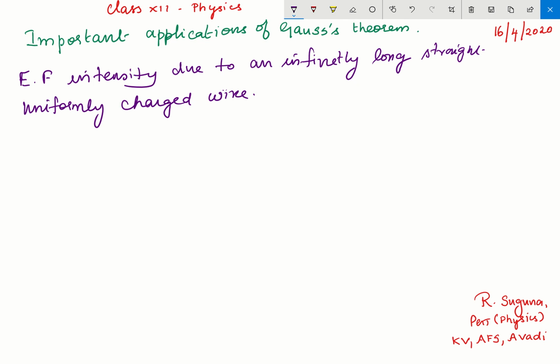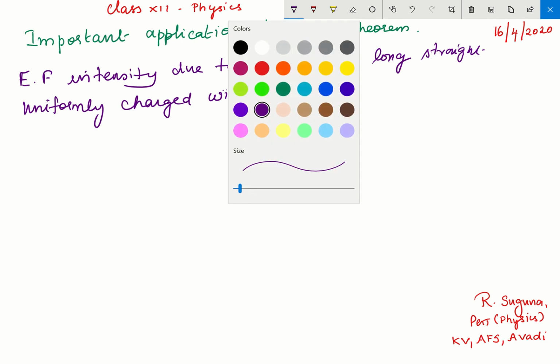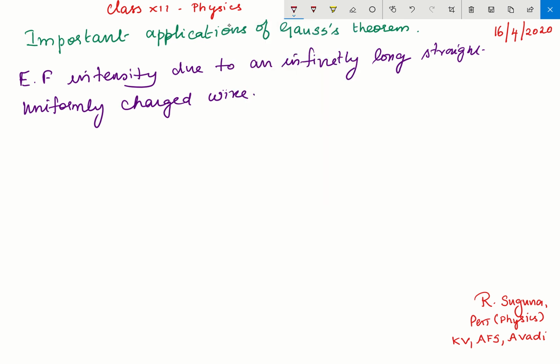So consider an infinitely long, infinitely, it is going this side and here also, infinitely long thin wire, and here the charge on which, let it be positive charge, uniformly distributed. Let the linear charge density of this wire be lambda.